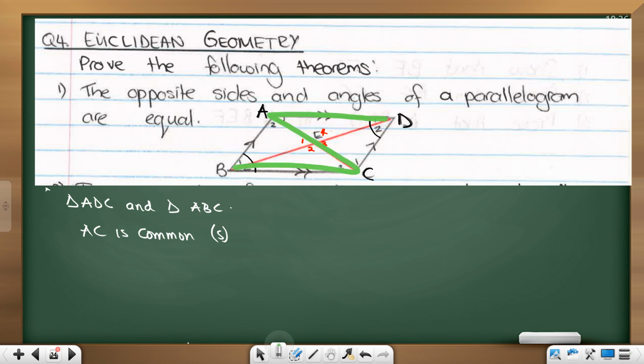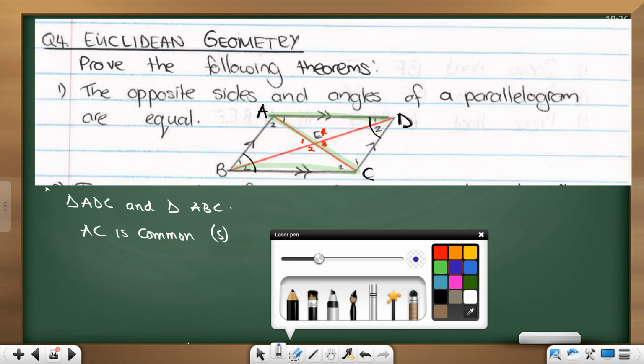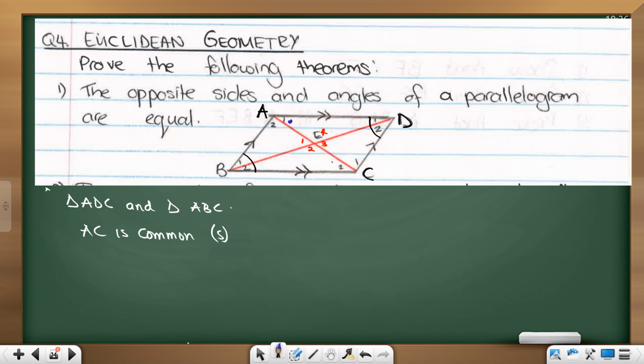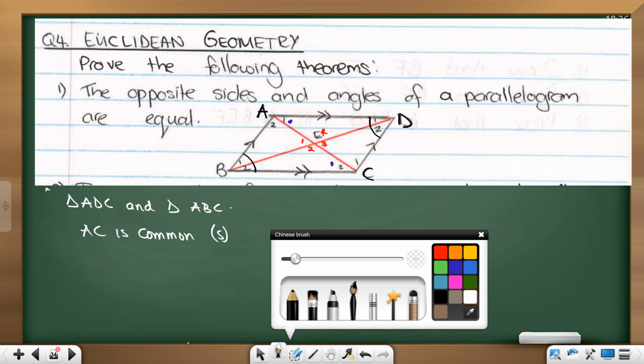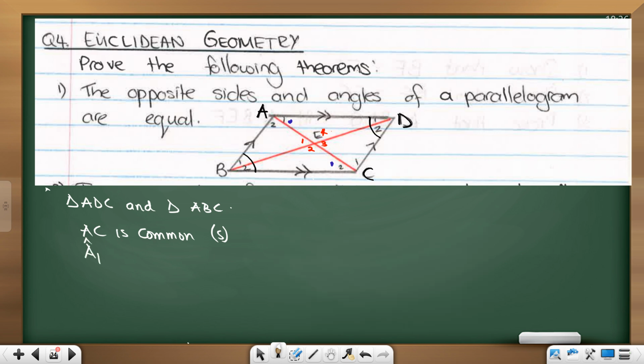AD is equal. AD is equal to what? AD parallel to what? BC.